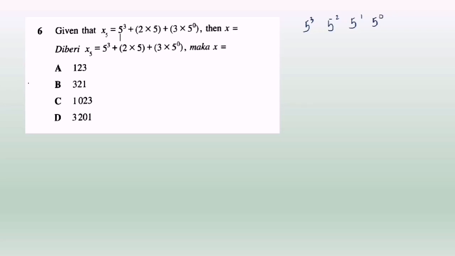So for the first one, 5 power of 3 is 1 times 5 power of 3. So I put 1 here, 0 here, and 2 times 5 power of 1. So 2 here, and 3 times 5 power of 0. So I put 3 here. So this is the number in base 5. So the answer is C.